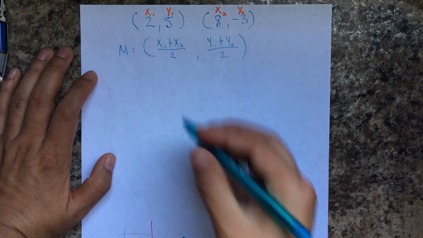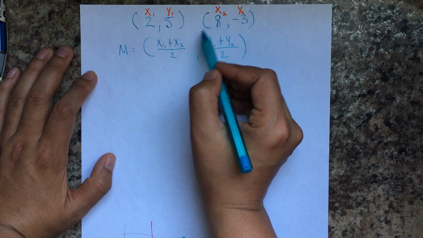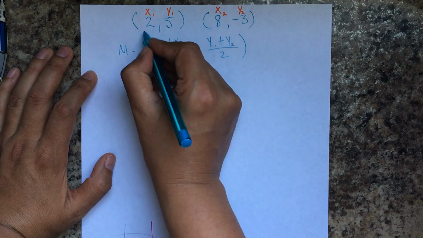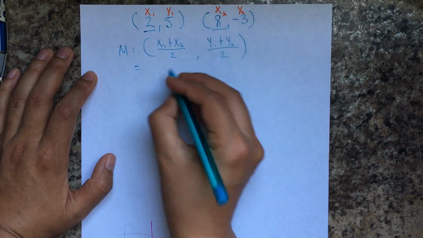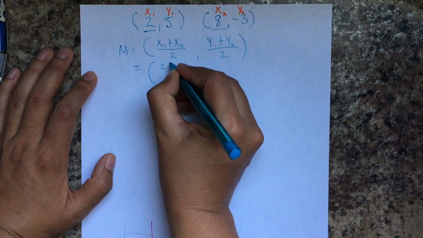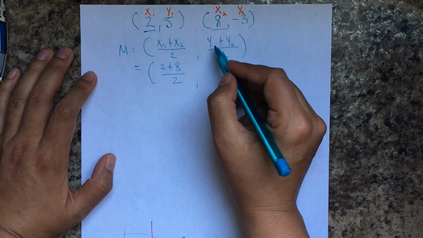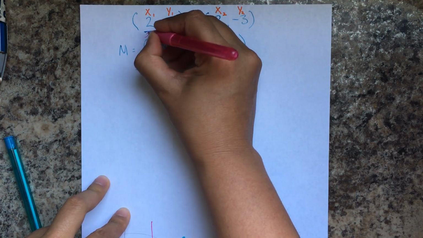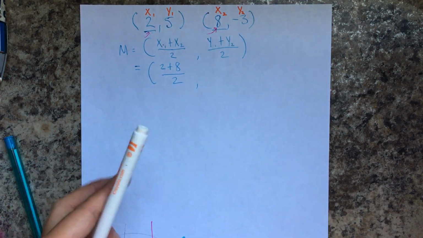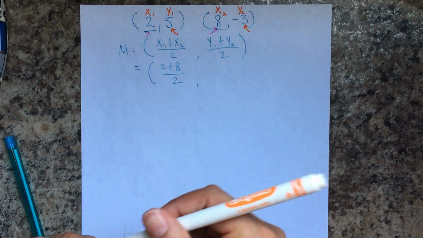So now we're gonna go ahead and replace x1 goes here, x2 goes here, so the first one from both, right? And so that will be 2 plus 8 divided by 2. And then for the y, we're gonna go ahead and add those 2 and divide by 2.